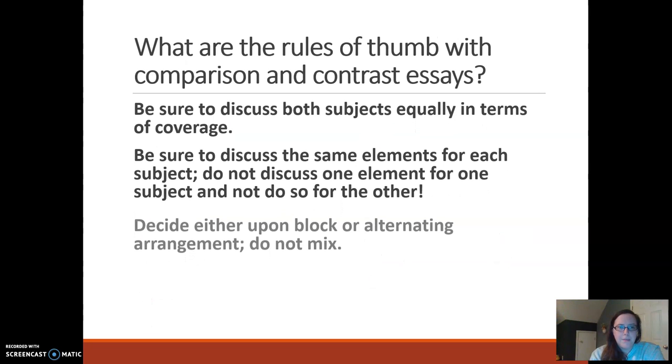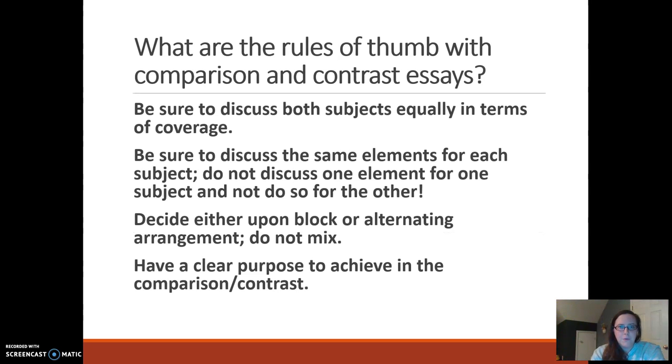Really, there are just a couple of things to keep in mind as you write your compare contrast essay. You want to make sure that you equally or almost equally address both subjects. So think about BMW versus Honda Civic. If you're going to have 3 points to talk about for the BMW, you should probably also have 3 points for the Honda Civic.